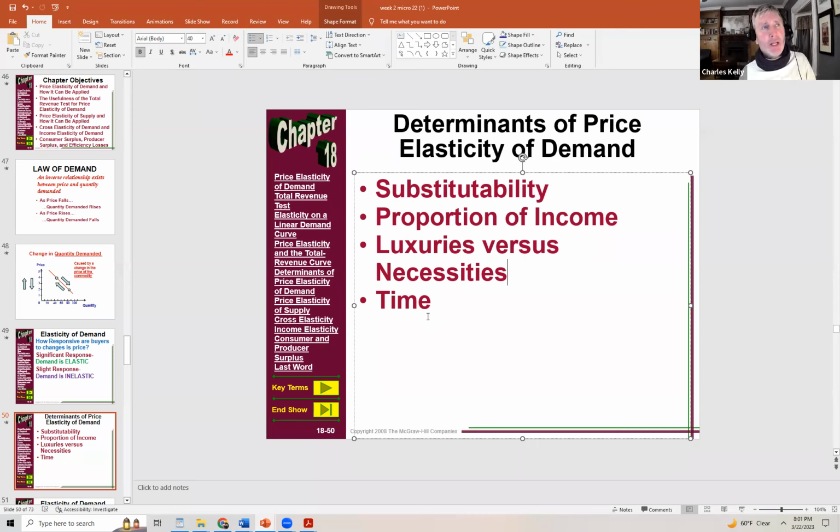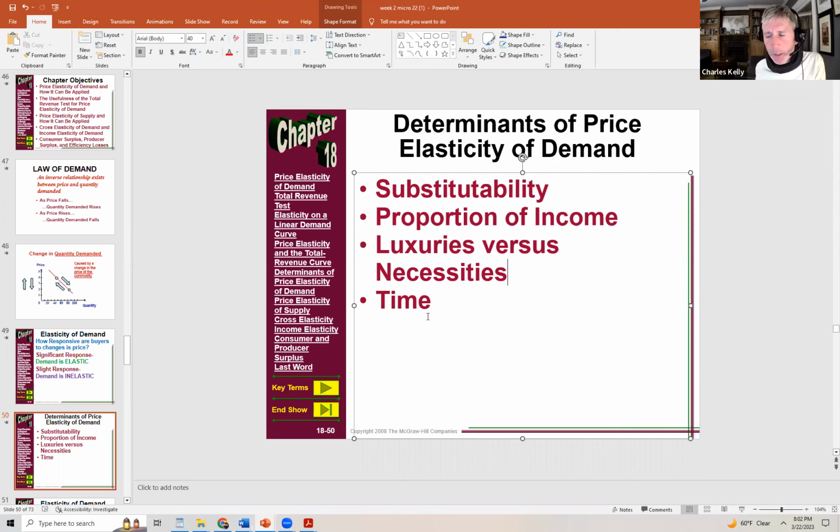Now, proportion of your income. When you go to buy something like a box of salt, do you even look at the price? Because you're like, I don't buy it that often. It goes empty in my house like once every two months, right? And you make 30, 40, 80 grand a year. It's such a small portion of your income.